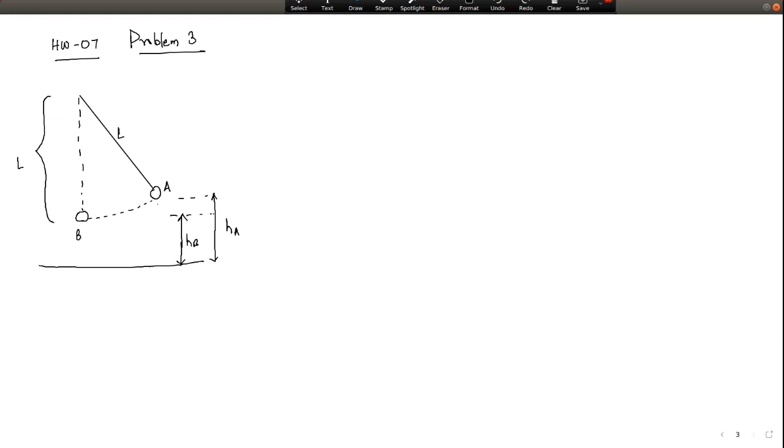Let's also draw a perpendicular line here, which will be helpful in the problem. So that's 90 degrees. That will help us find h_A minus h_B in terms of L and angle theta. So what is given here is the angle theta, which is 30 degrees.